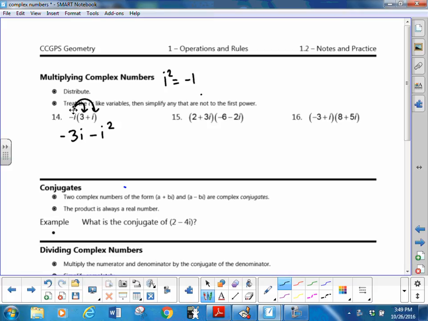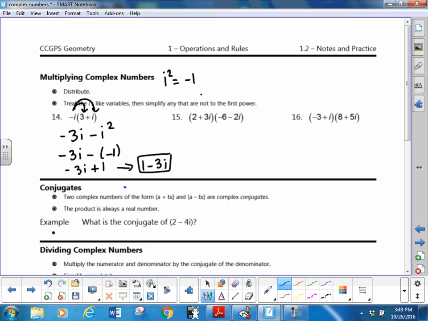So I'm going to substitute: negative 3I minus negative 1, a minus and a minus, negative 3I plus 1. But I'm not finished because remember I'm going to put it in A plus BI form. So it will be 1 minus 3I.